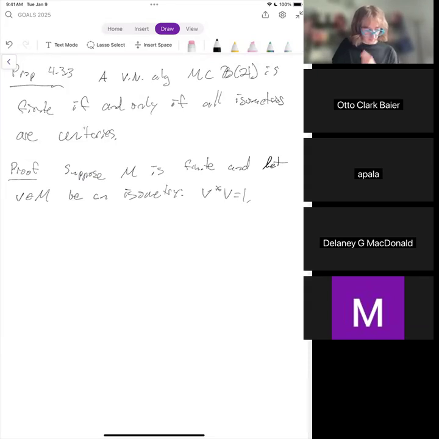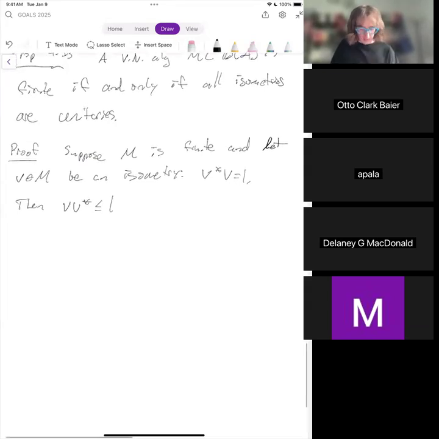And we have then that V V star sits under 1. And then by finiteness, this implies that V V star equals 1. And so V is a unitary.